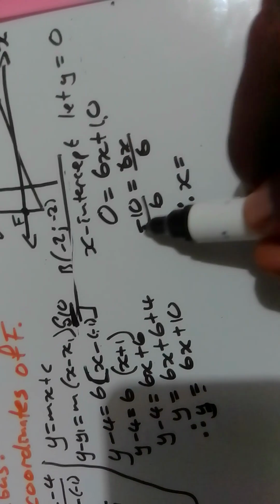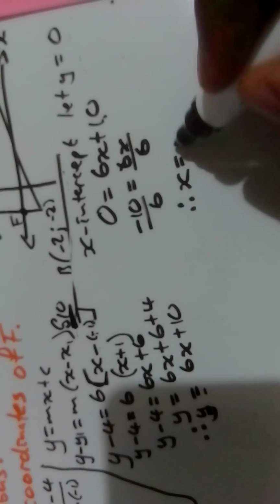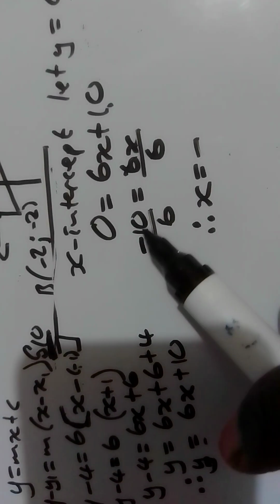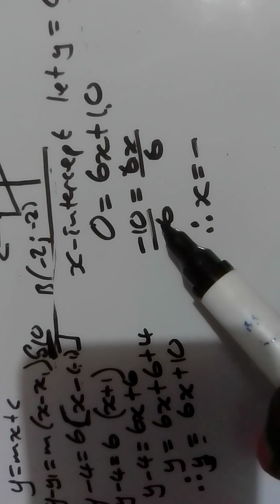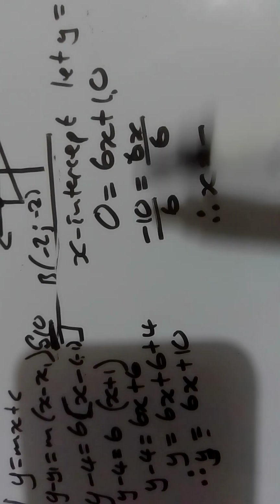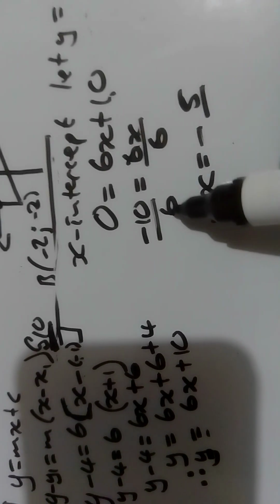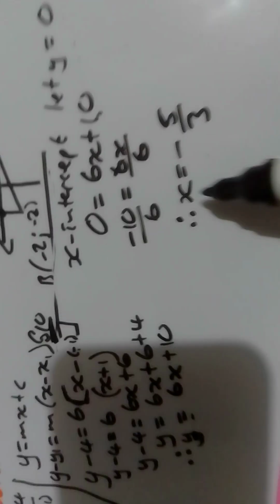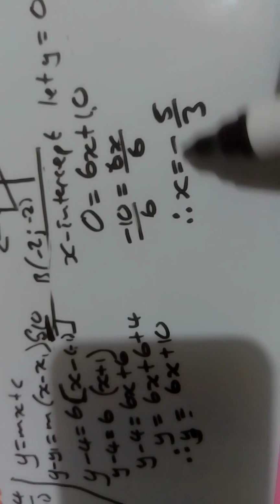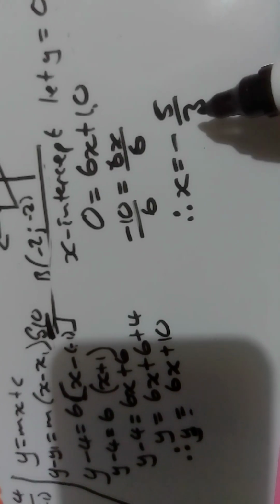That's why we wrote x. And negative divided by positive is a negative. And then we've got a common factor for 10 and 6, which is 2. So 2 into 10 is 5. So we've got a negative 5 over 2 into 6, which is 3. So our x is equal to negative 5 over 3.